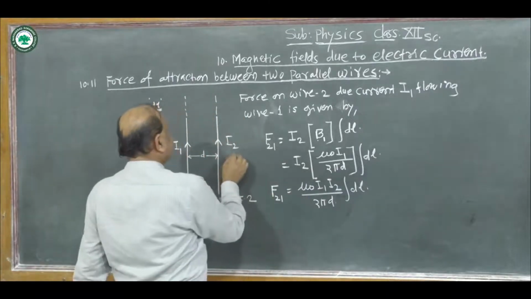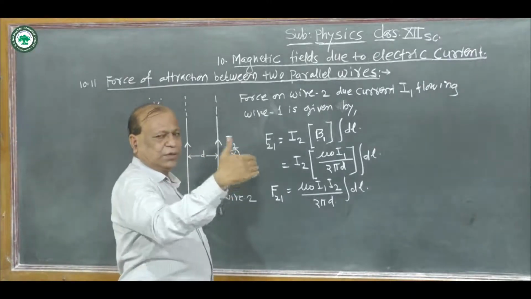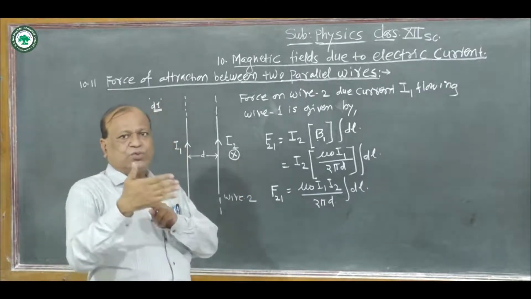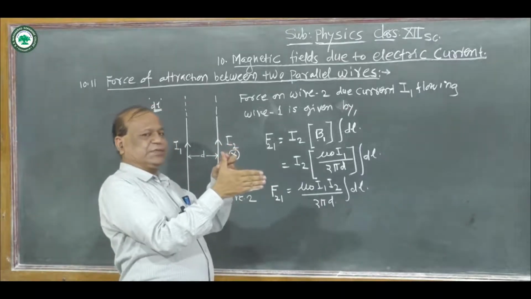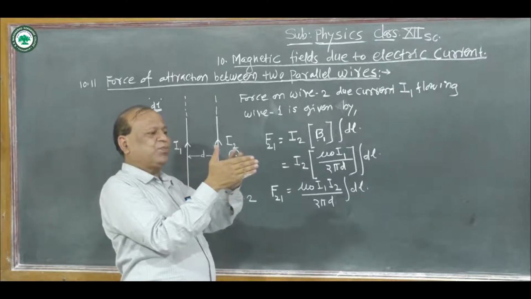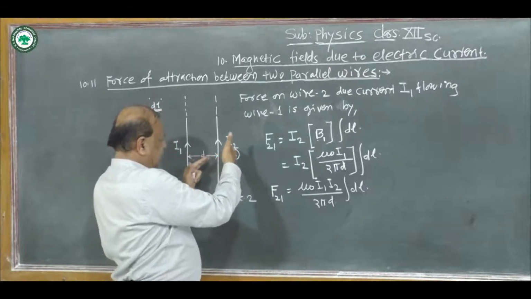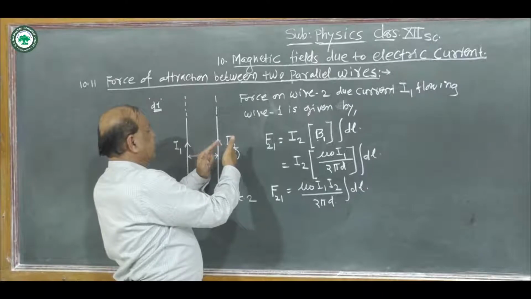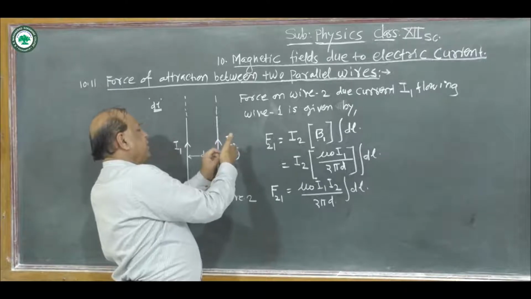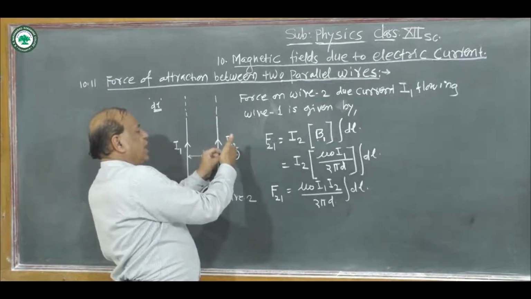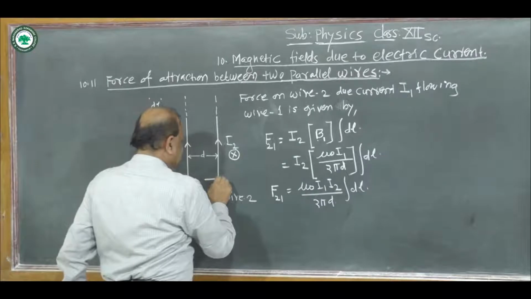Now here the magnetic field is directed inward, and according to the right hand rule, the thumb indicates the direction of current, the straight fingers indicate the direction of magnetic field, and the palm indicates the direction of force produced by this magnetic field, meaning the direction of force is like this one.